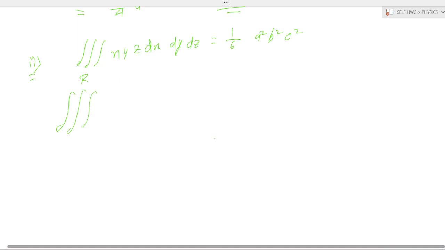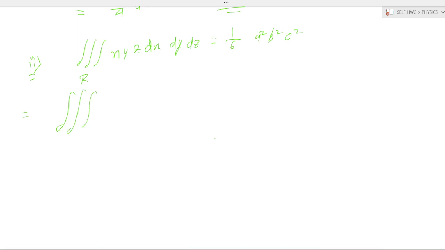This is the same problem as before. It is the integral over x square by a square plus y square by b square plus z square by c square less than or equal to 1, of xyz dx dy dz.